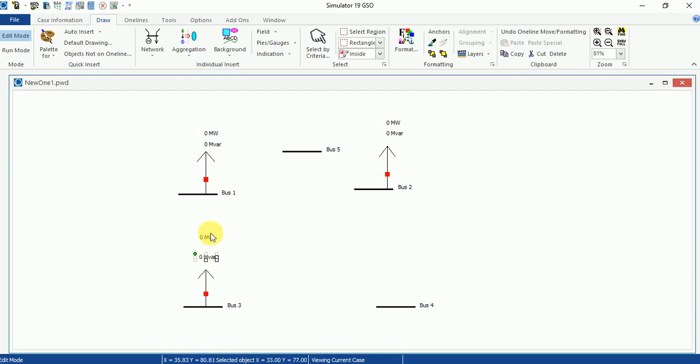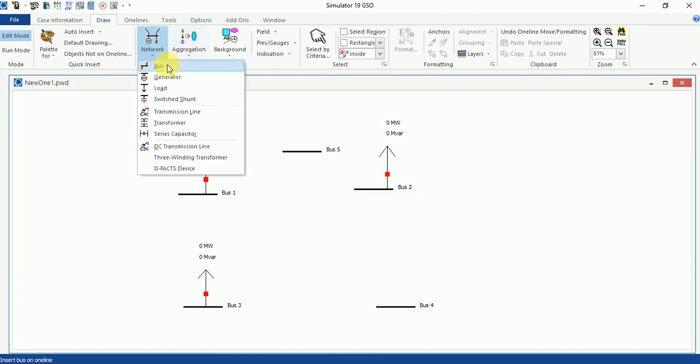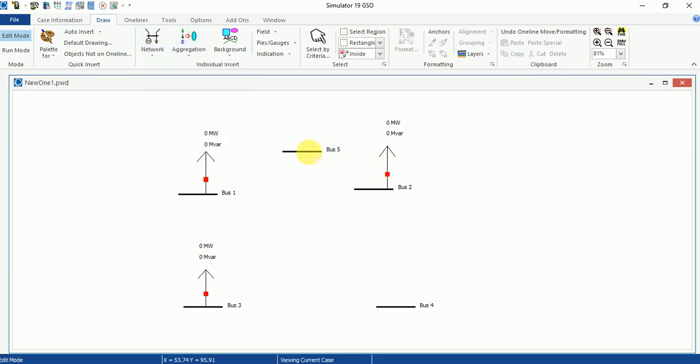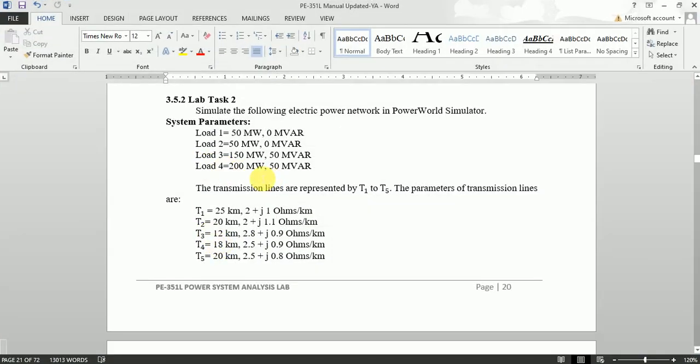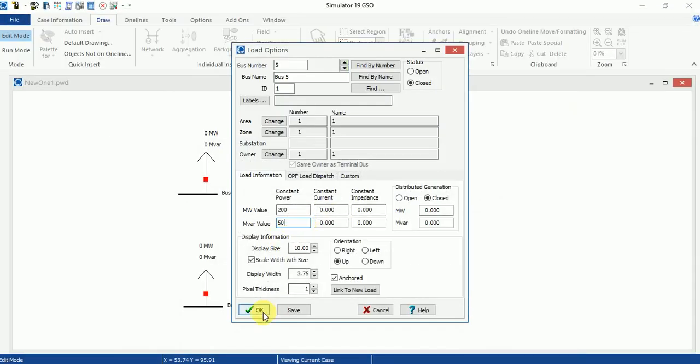Rescale it. Now finally we must add load number 4 at bus number 5. So again select load at bus number 5, and it has a value of 200 megawatts and 50 megawatts. So click OK.